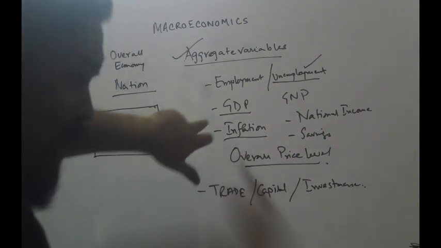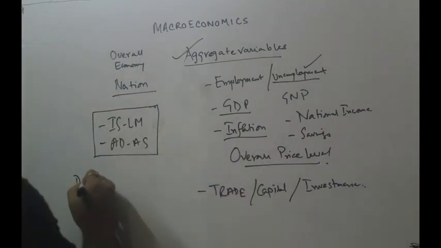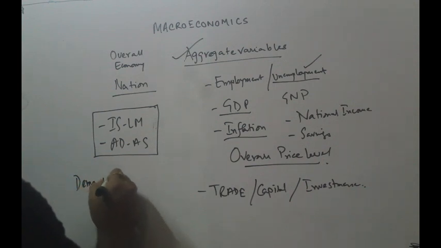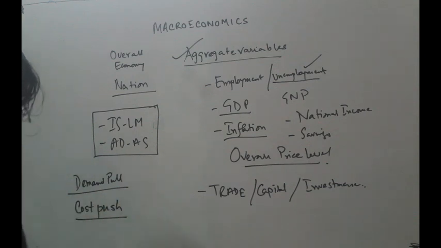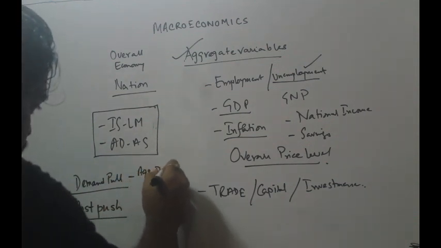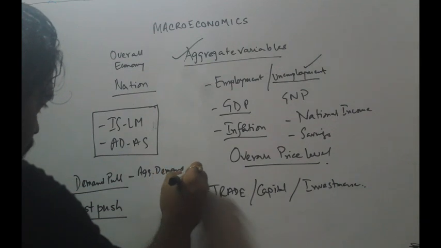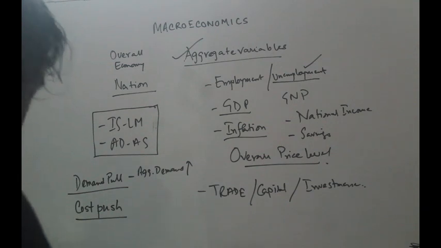And if I talk about inflation, there are two things you should remember. One is demand pull inflation, one is cost push inflation. So demand pull is when the aggregate demand is increased. Now why is it increased?